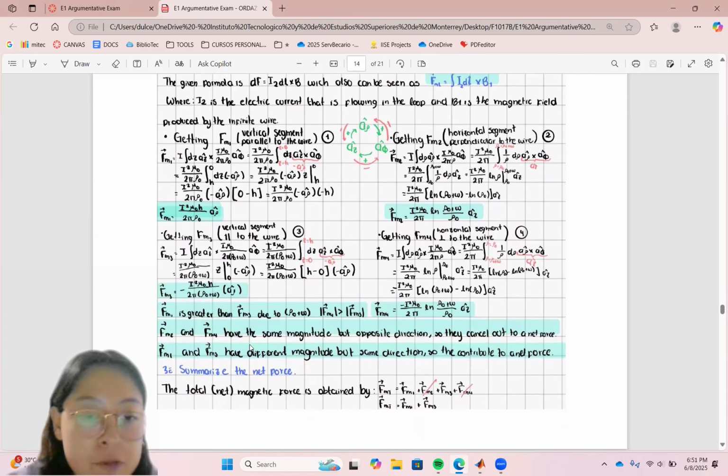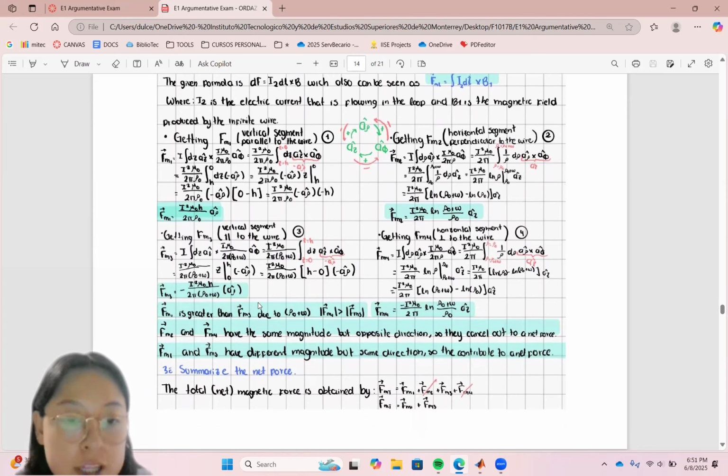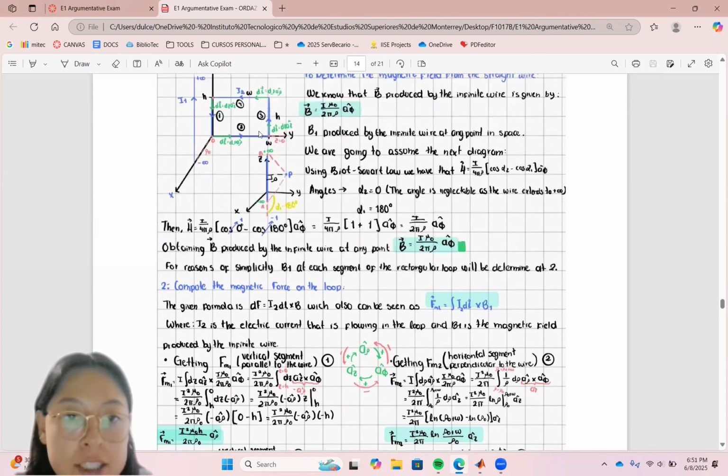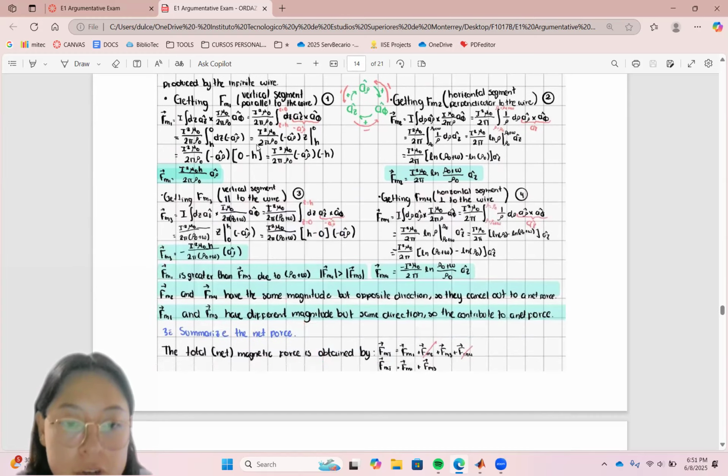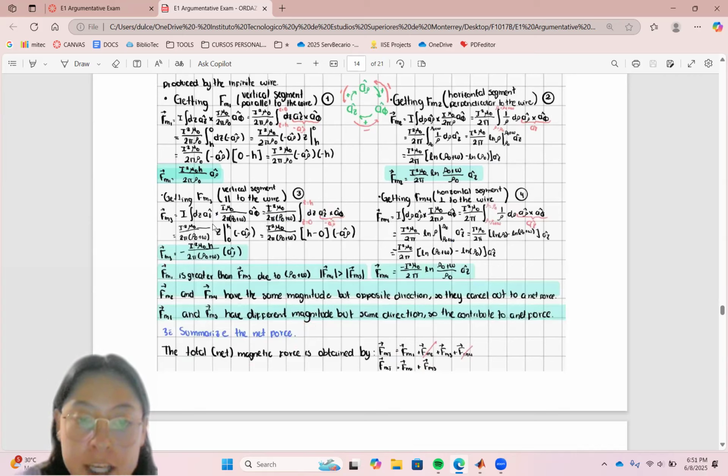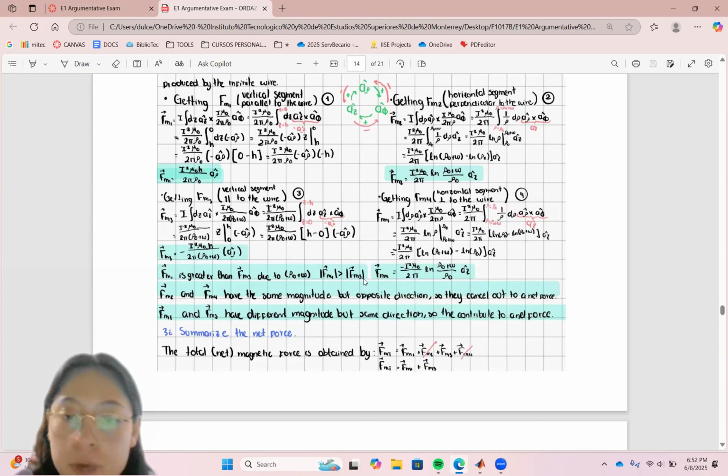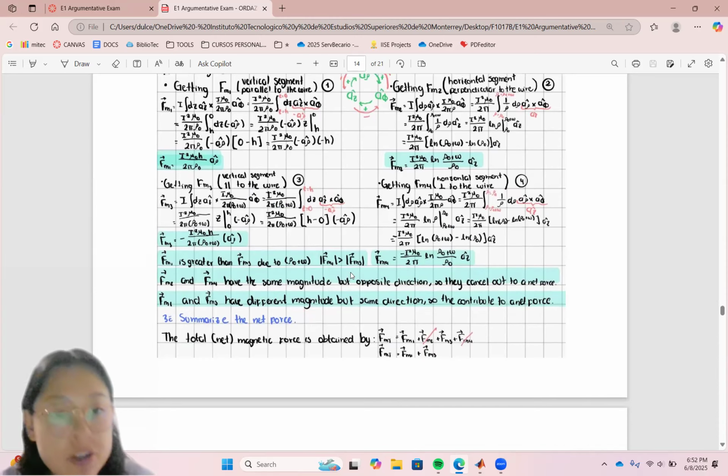We can see the force at segment 1 is greater than the force at segment 3 because this distance is different, as we can see here. Well, it is rho plus W, where W is the width, because the denominator gets greater or tinier. So we can make this comparison.